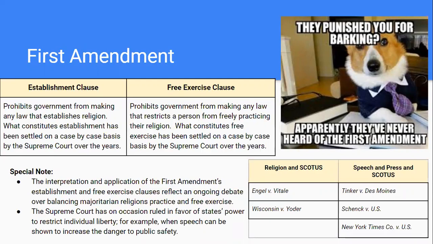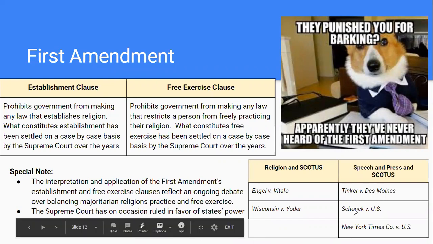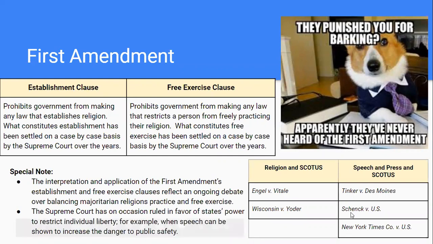In this case, Schenck was part of the Communist Party and was speaking out against World War One, the United States involvement in the war, urging people to resist the draft. And they said that his speech was not protected because it was creating a clear and present danger during wartime. Any speech that creates clear and present danger can be restricted.